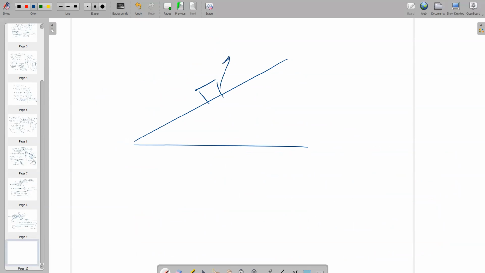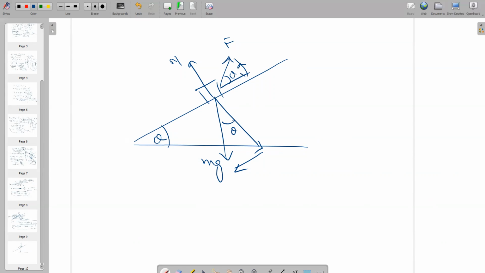The force is acting like this one, making an angle theta. Again, mg and normal reaction, and mg wants to go downward. Theta, theta, and make the components of this one. One is this one, one is this one. Now you can write the equations.